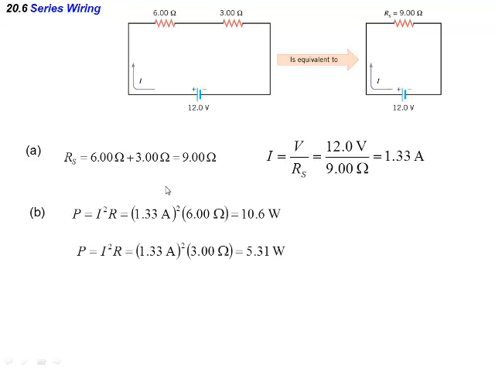Our power is I squared R, and each of these resistors gets the total current, so each resistor gets 1.33 amps. So I squared times its resistance, and I squared times the 3 ohm resistor, gives us the power for each of the resistors. Then you simply add the power for the first one plus the second one.